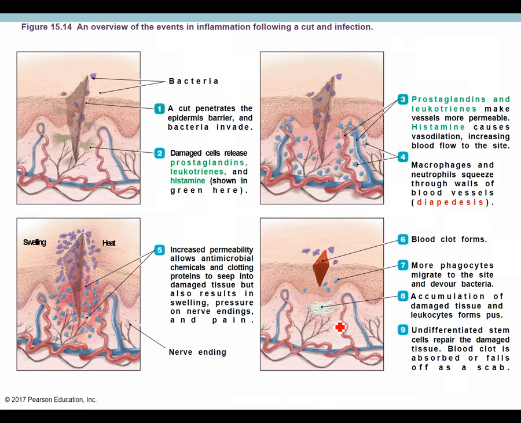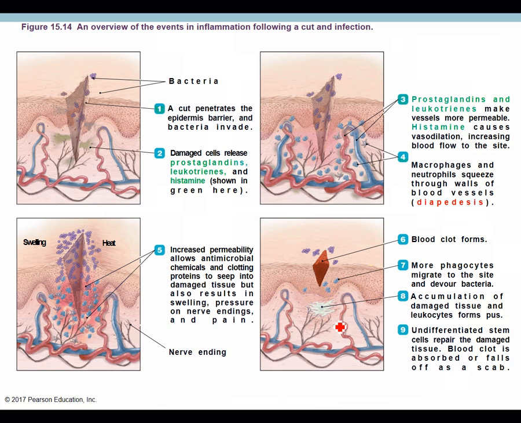But cells that have been damaged will release chemicals called prostaglandins, leukotrienes, and histamine. And that's normal. That's what allows the blood vessels to become leaky and more permeable, and also attracts some of the white blood cells to the location.